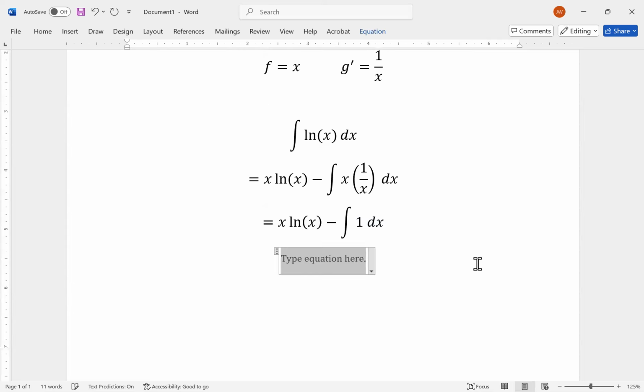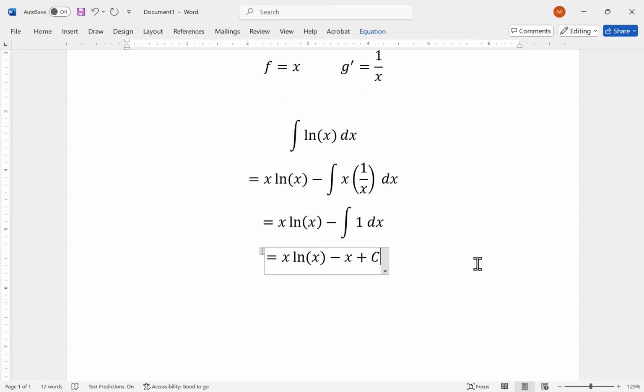So my final answer is that when you integrate natural log with respect to x, you actually get x times natural log of x minus 1x. And then obviously I have to tack on a plus c at the end.